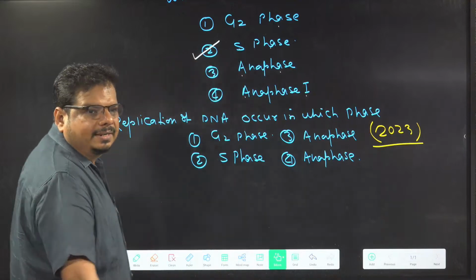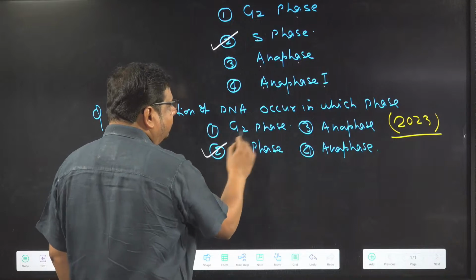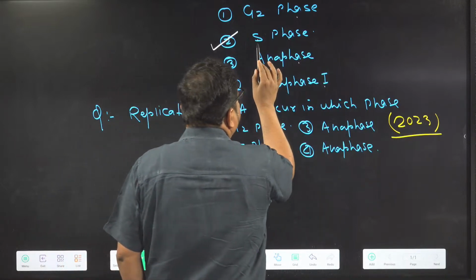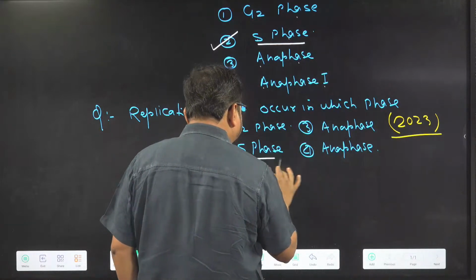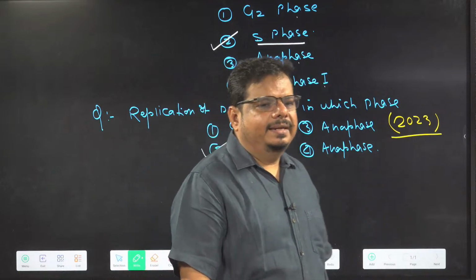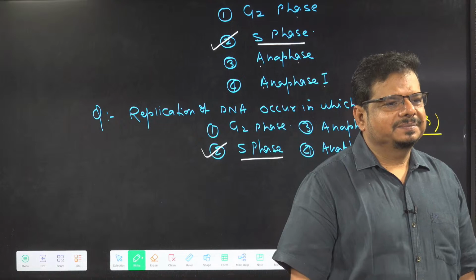Some students are saying the correct answer is S phase. Someone writing 3. In both questions, the answer is the same, S phase. The meaning of replication of DNA and the meaning of duplication of DNA are the same.